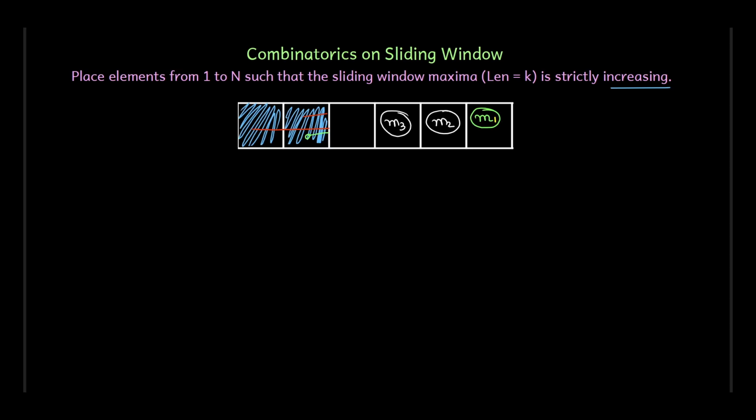You claim that, okay, assume that M4 lives over here, and then you show me that M4 is present in two windows. But now you can see that M4 cannot be present in two windows, because suppose M4 is present over here, so in this window M4 will win, but in the next window M3 is there competing with it, so M4 will not win.